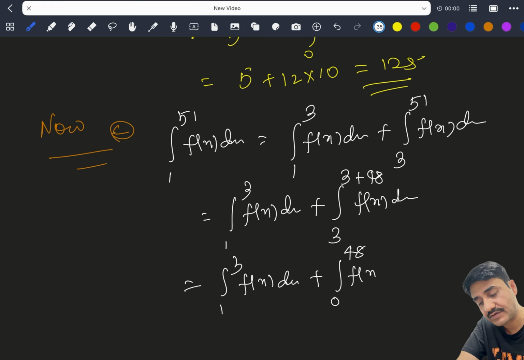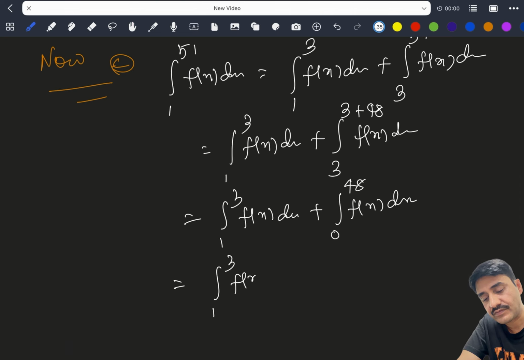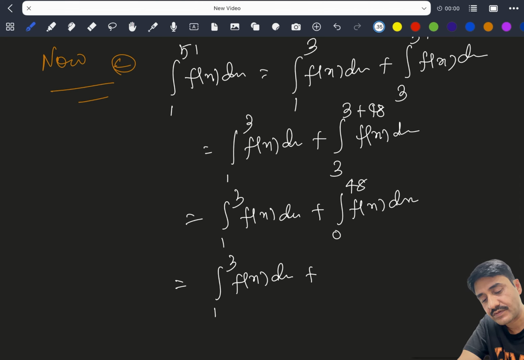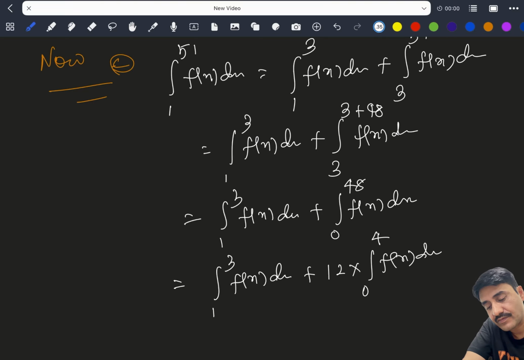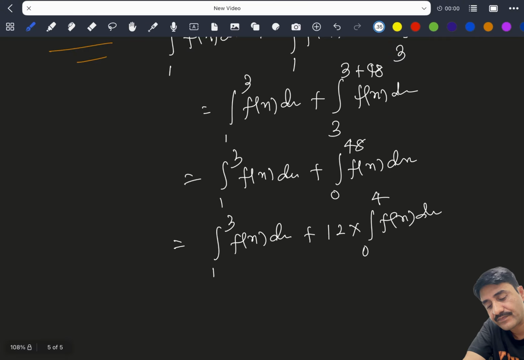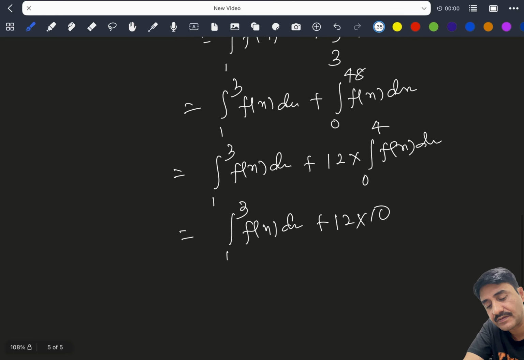This is 1 to 3 f(x) dx plus 12 into 0 to 4 f(x) dx, and 0 to 4 is 10. So it is 120 plus 1 to 3 f(x) dx.